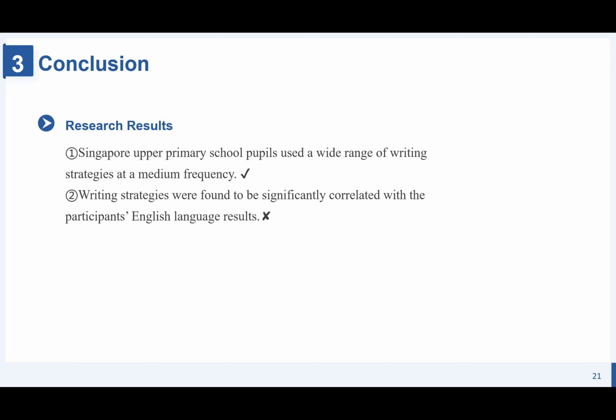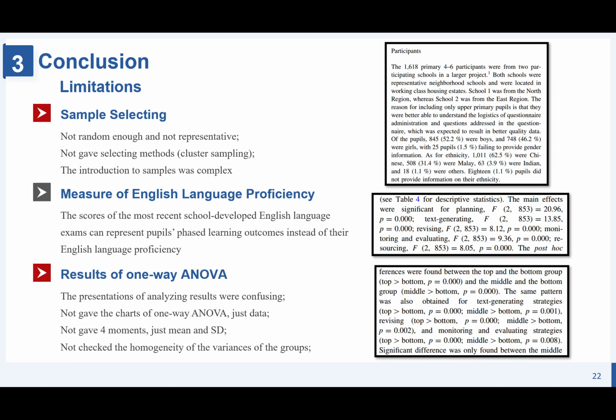As for result 2, we just know what the author said and wrote in the essay, but we cannot check the data. I think these are the limitations of this research, which I have already explained clearly earlier. And the pictures on the right are the content from the essay you can pause to check.